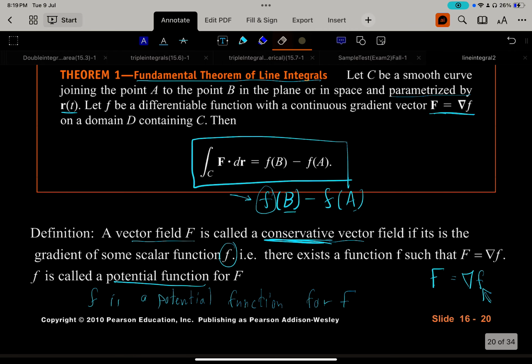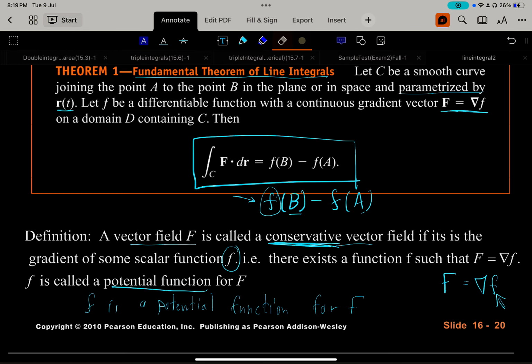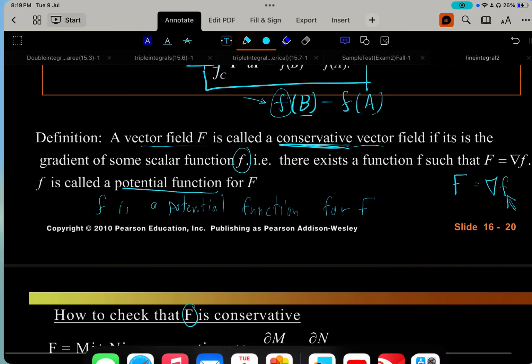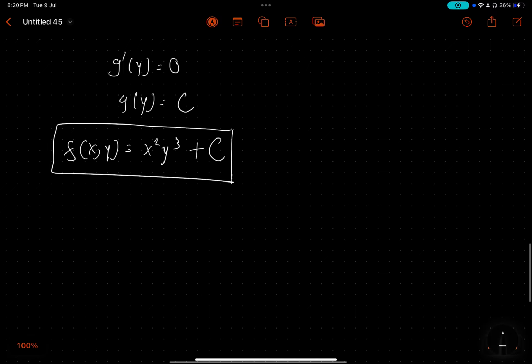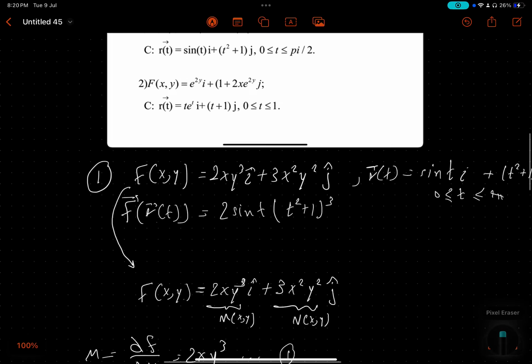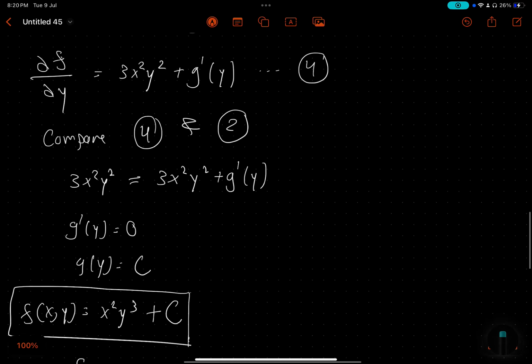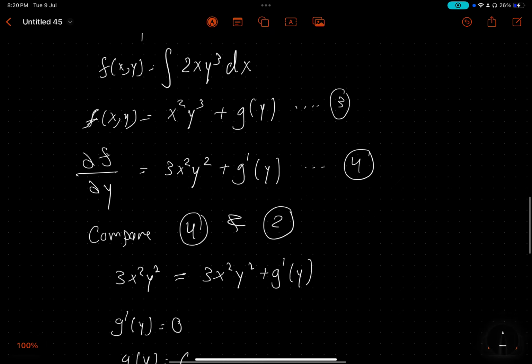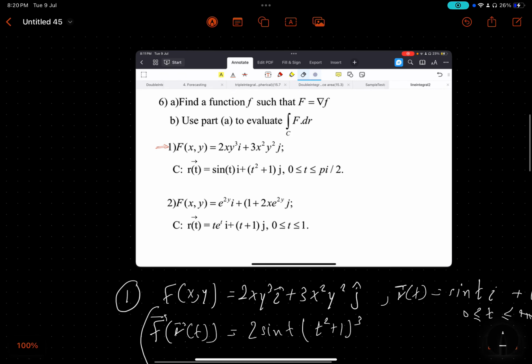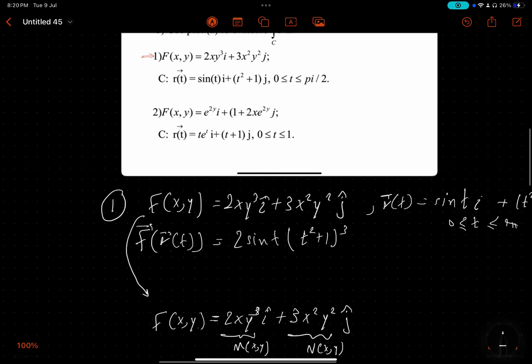In order to evaluate this, we now have the potential function f, which we found, and we can easily evaluate this line integral using the fundamental theorem of line integrals. The integral over c of the gradient of f dot dr is just f of b minus f of a.